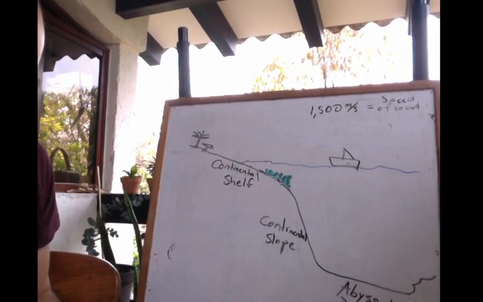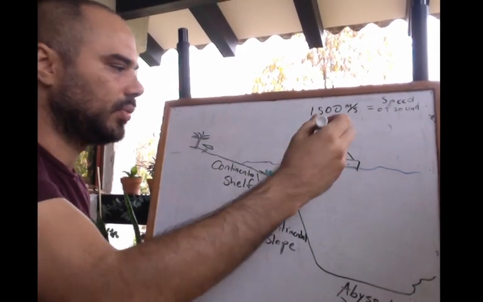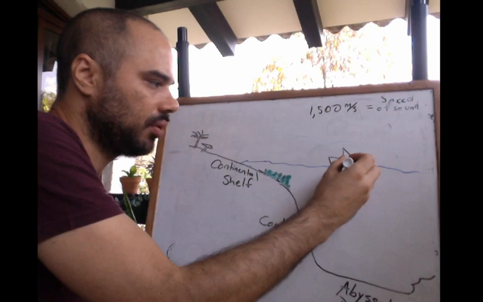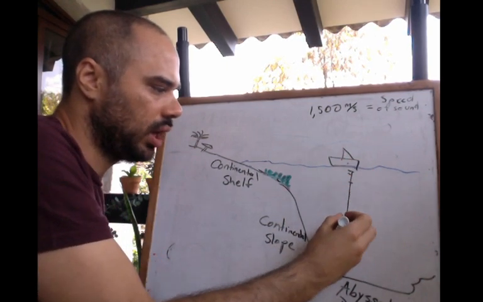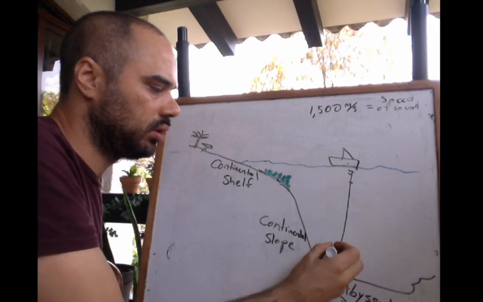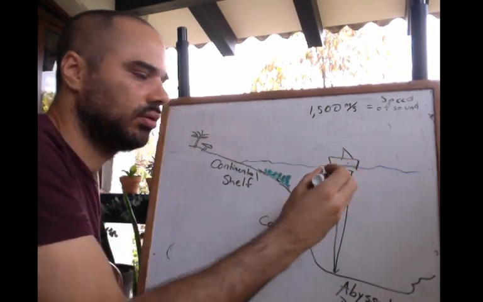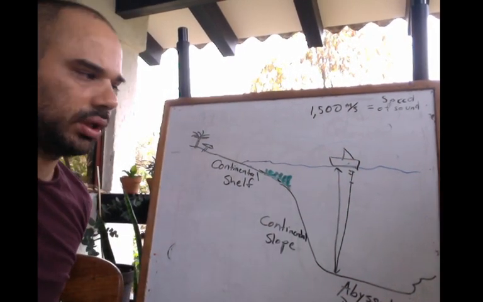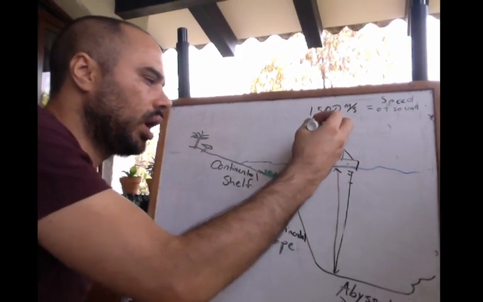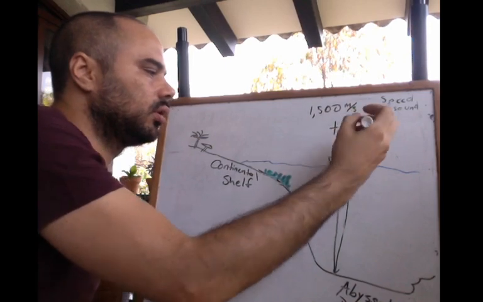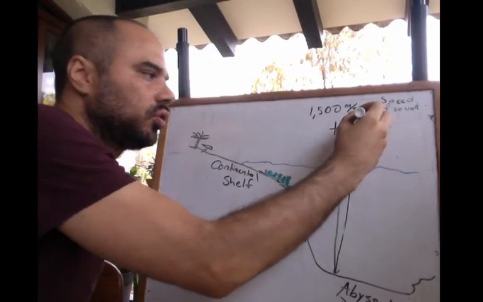So what happens if we send a sound? We send a wave, and then the wave bounces by echo. It sends an echo, and the time that it took the wave was 1.2 seconds.